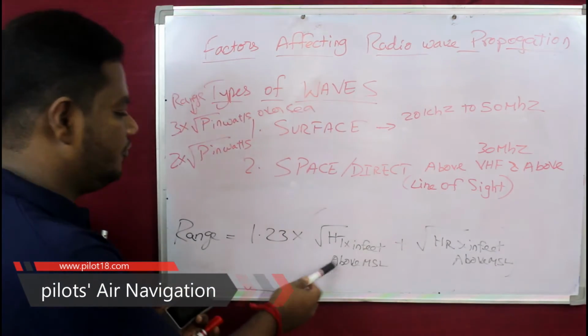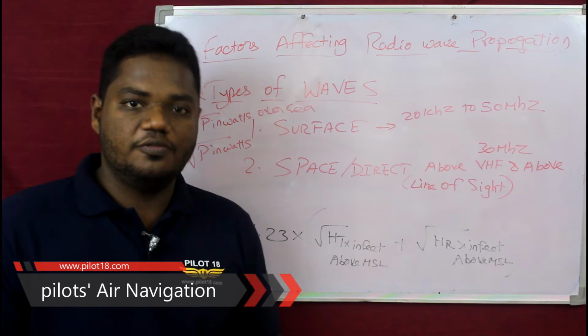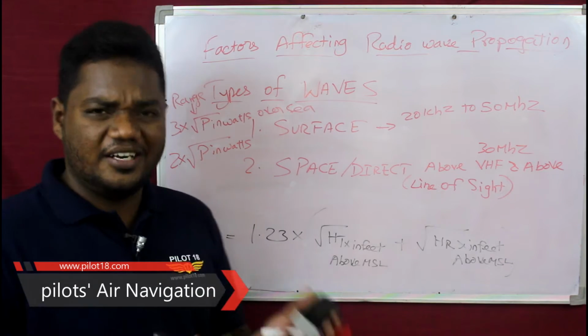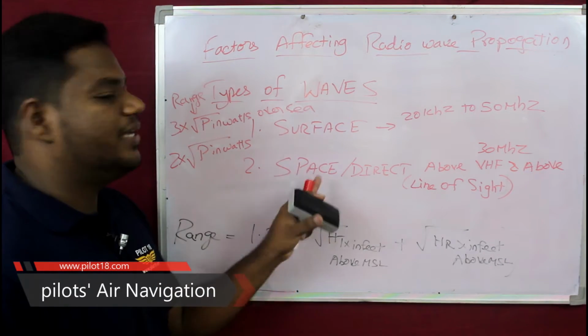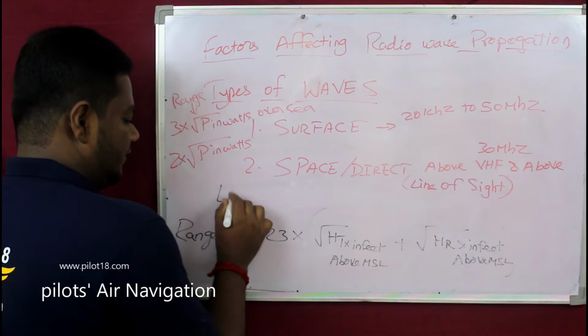With the help of this formula you can find the maximum range at which you can communicate, aircraft to ground, when you are using the space wave or direct wave. This is also known as line of sight.